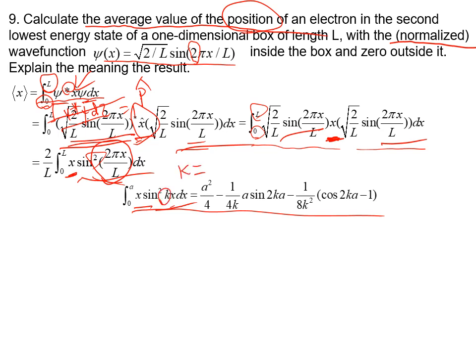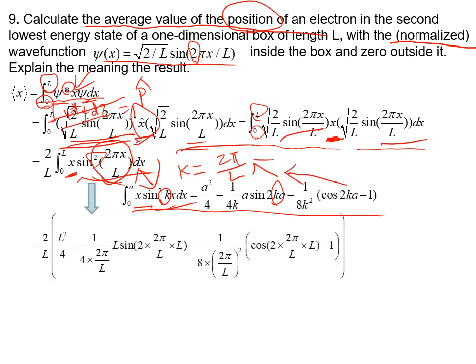So k equals 2 pi divided by L if you compare this to the standard integral. You replace k here by 2 pi over L, and you should get this equation. Then simplify this, and you should get L over 2.